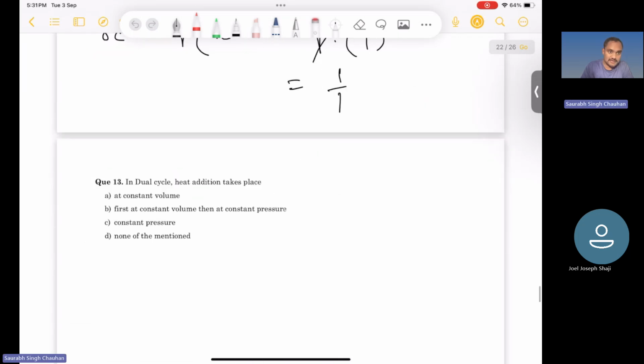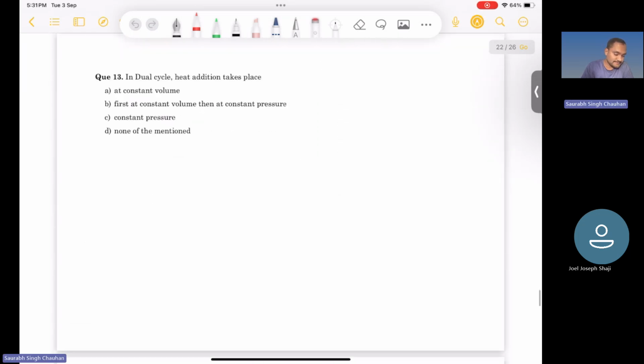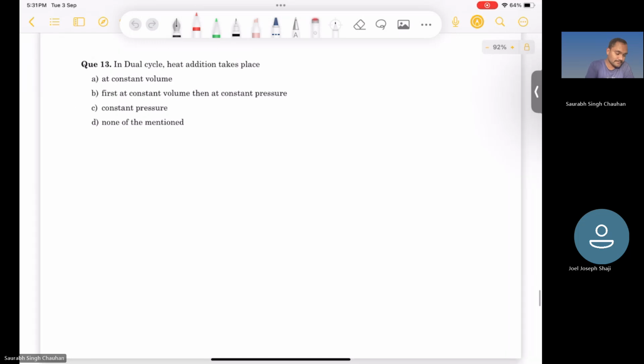So we will just quickly try to solve this question. Question number 13. In dual cycle, heat addition takes place at: A, constant volume; B, first at constant volume, then at constant pressure; C, constant pressure; and D, none of the above. So dual cycle is something in between the diesel cycle and the Otto cycle.